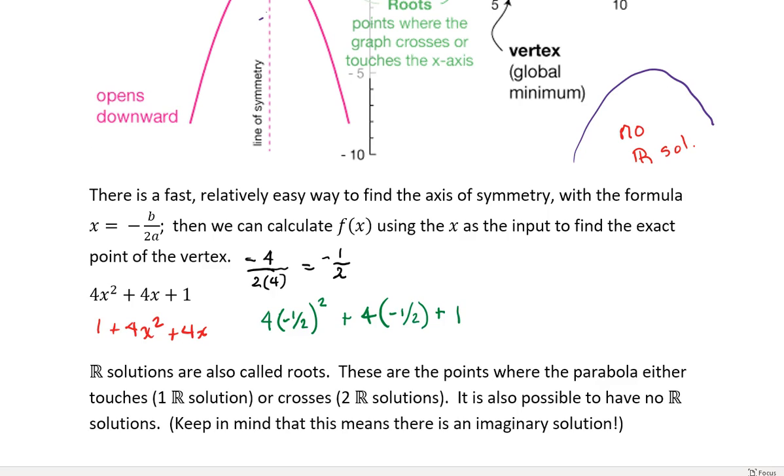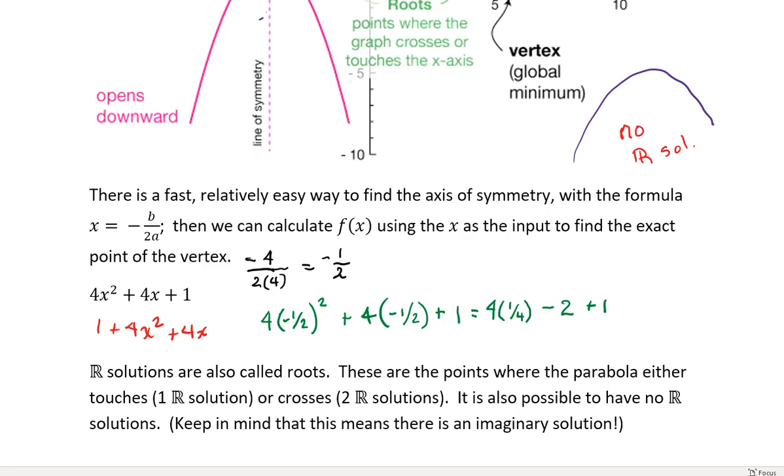If you stop and think about it, this becomes 4 times 1/4, because negative half and negative half multiplied together gives you a 1/4. 4 times negative 1/2 is going to give you a negative 2, and plus 1.